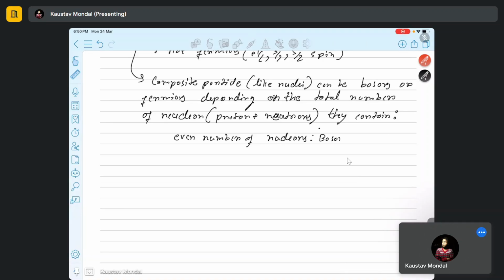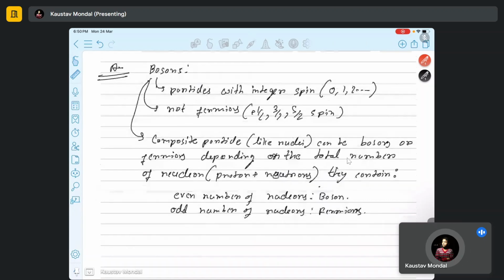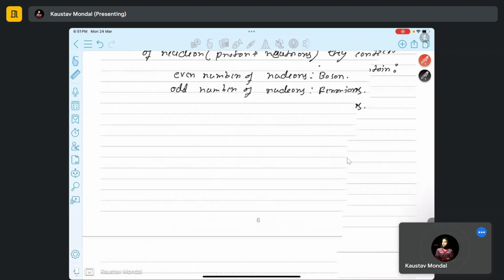If they contain an odd number of nucleons, then they are fermions. So these are the two types of particles.